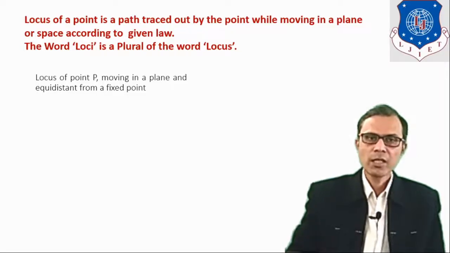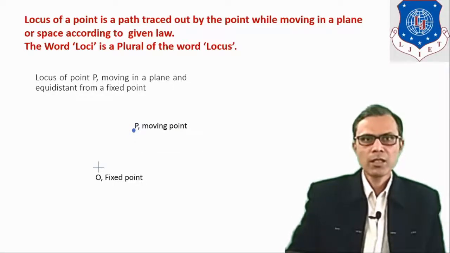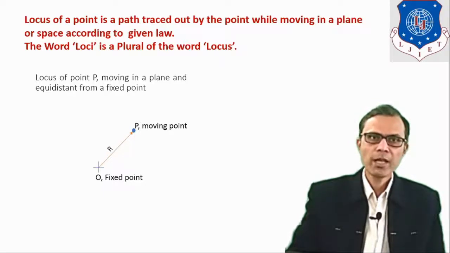So let's see what should be the locus of this given point P. First let us consider fixed point O, another point is moving point P, and let's take the fixed distance as R. At distance R, point P moves in this plane in such a way that its distance remains equal from fixed point O.